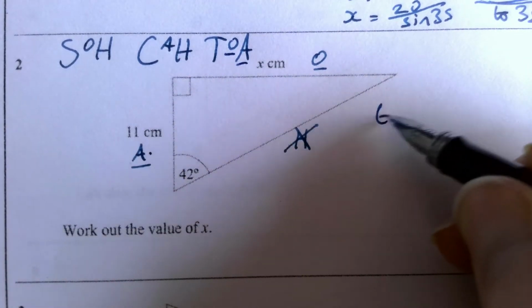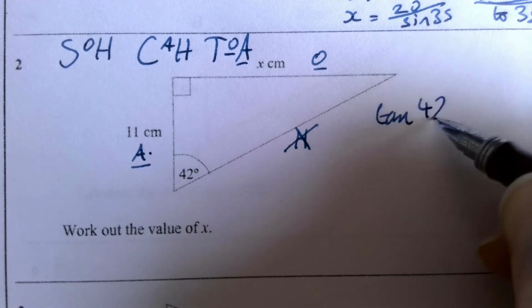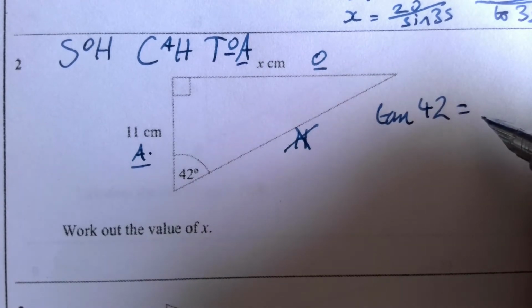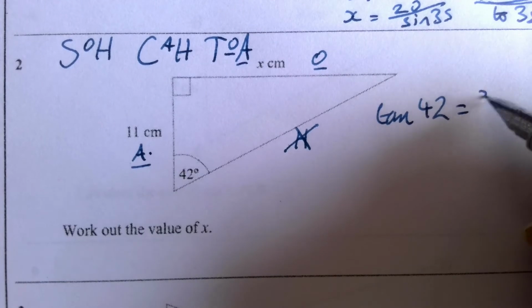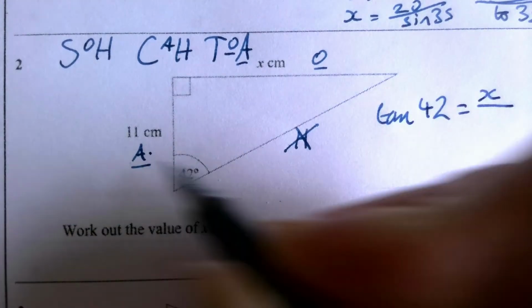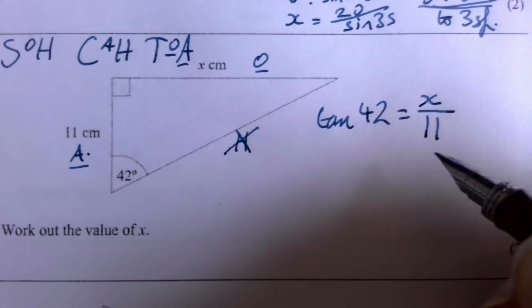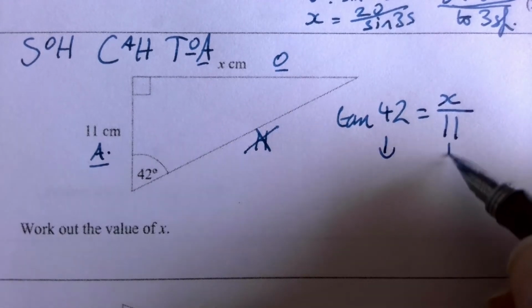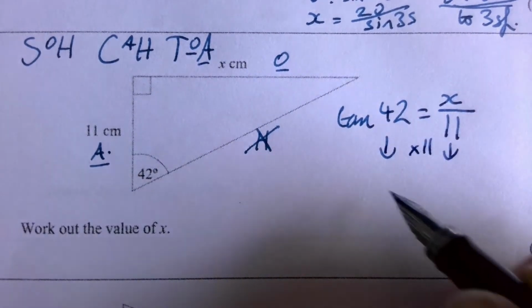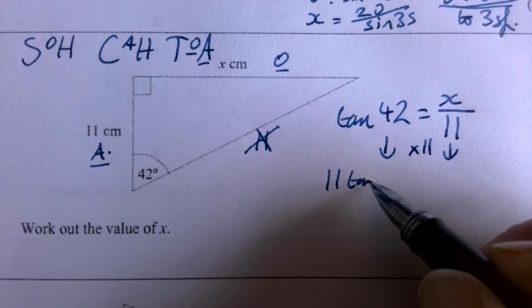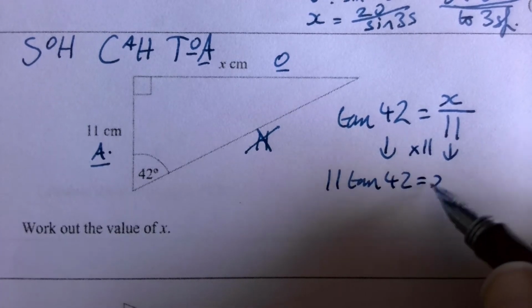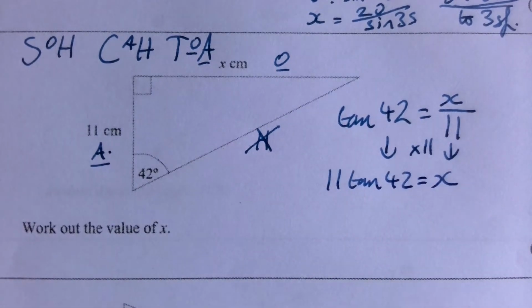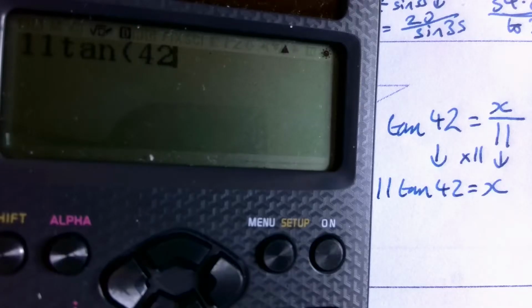So that means you're going to say tan 42 is equal to the opposite goes on the top, that's x, over the adjacent underneath. This one's a little bit simpler because all we have to do is multiply by 11 and we get 11 tan 42 equals x. Pop that into your calculator like this.